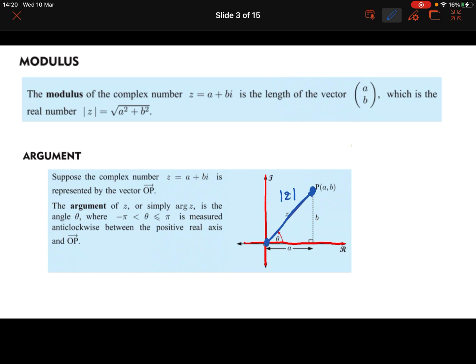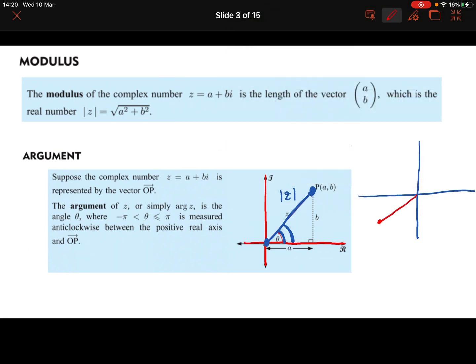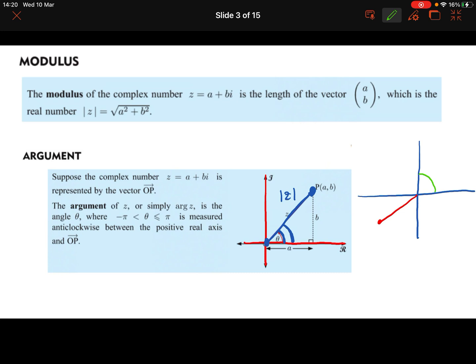What it also has is an angle, and the angle is always measured from the real line in an anti-clockwise direction. So even if I get one, let's say like this, here is my complex number, then the angle is measured like this.